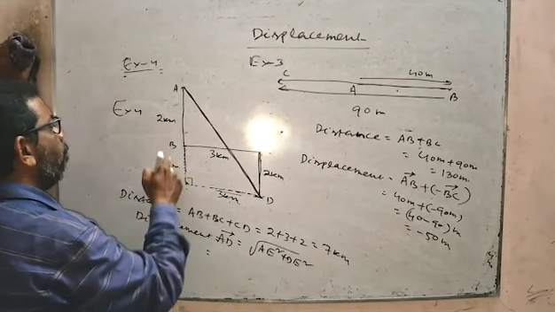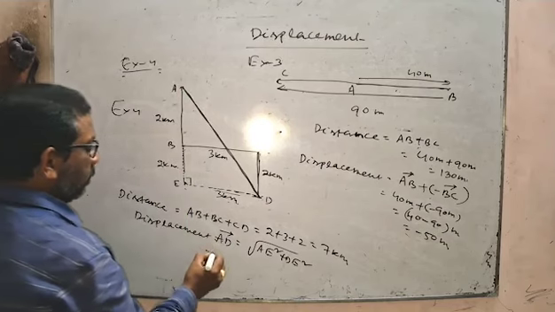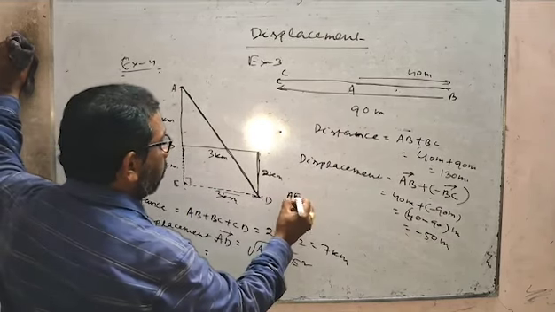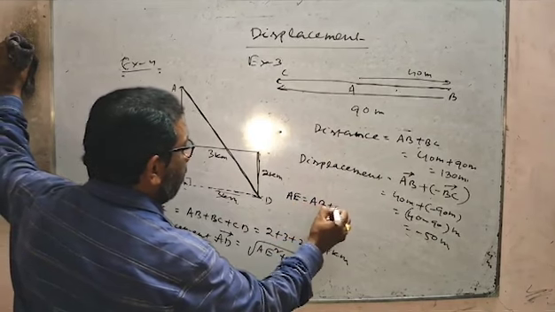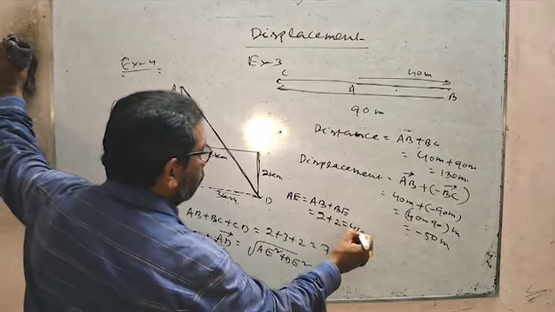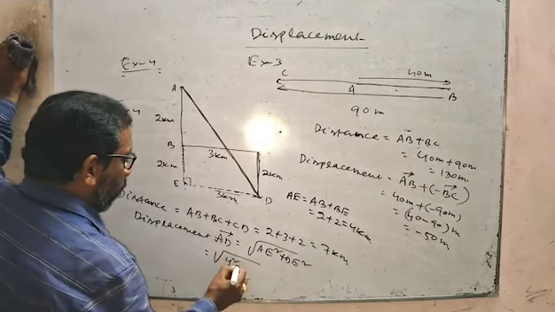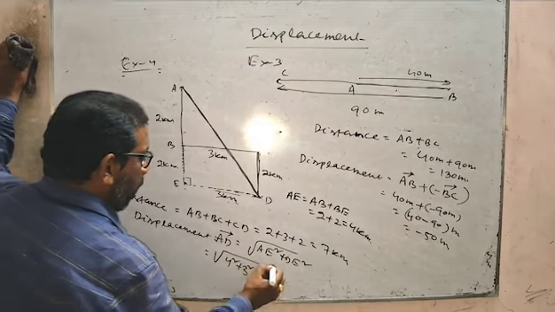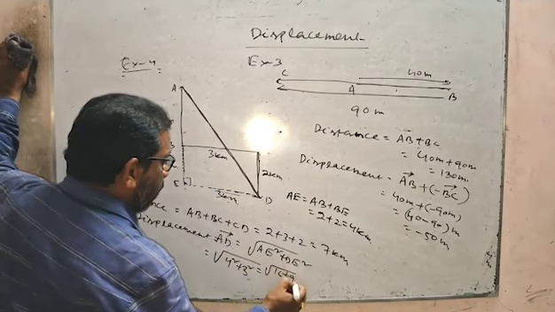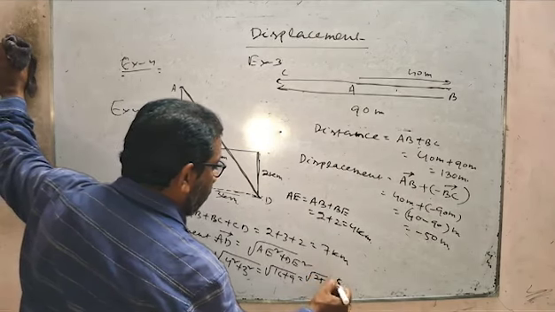AE equal to AB plus BE, 2 plus 2, 4 km. So 4 square plus 3 square, 16 plus 9, 25. Square root of 25, 5 km.